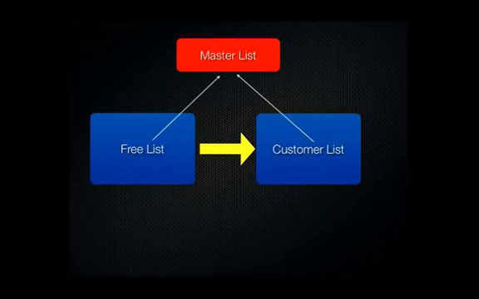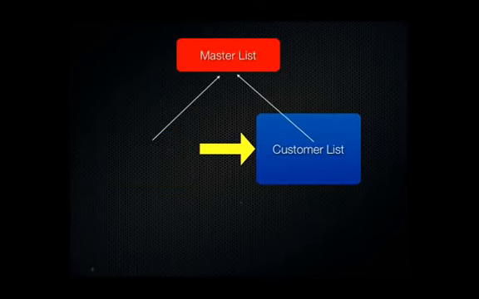So you want them added to that customer list, and Aweber can do that. As soon as they opt into that customer list, boom, they can be completely unsubscribed from the freebie list. Again, they're still on the master list no matter what, but they're on the customer list now.